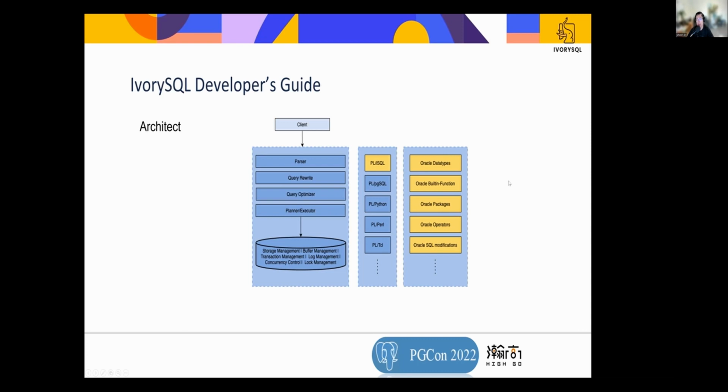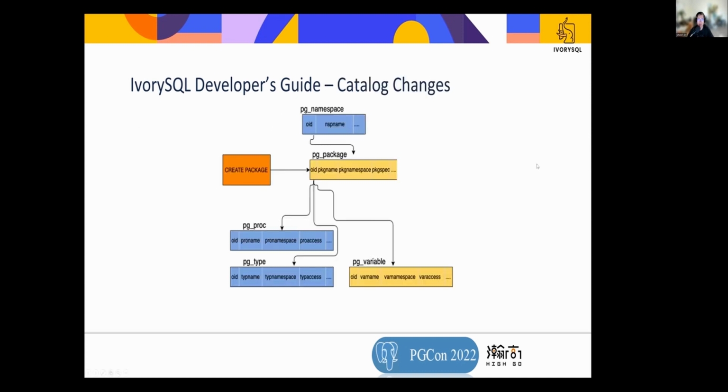Many of them are provided by extension mode, like the orafce extension, but we did lots of modifications based on those extensions. We are also working hard to isolate the modifications for Oracle compatible features beside the existing PostgreSQL, so that we introduce fewer conflicts with the existing logic.